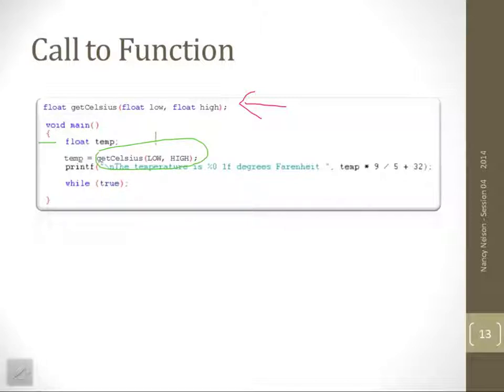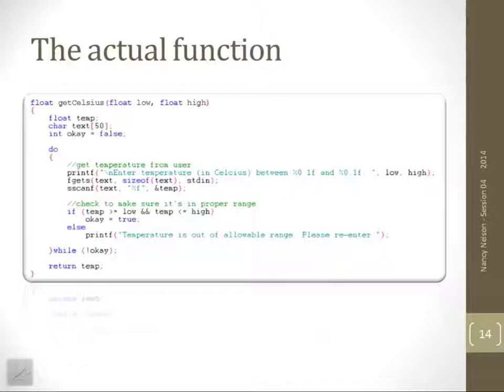Our parameter list uses the low and high that are the two constants we have. So it's going to get input from the user and it's going to assign it to the variable called temp. Then in the next line we're going to print the temperature is our calculated value, and there's a calculation right there. So it's going to print the user inputted value in Celsius, convert it to Fahrenheit, and print it.